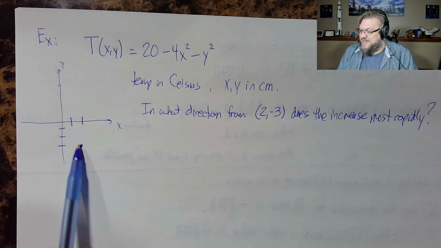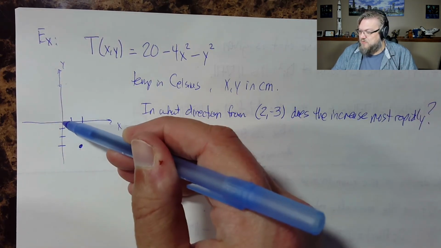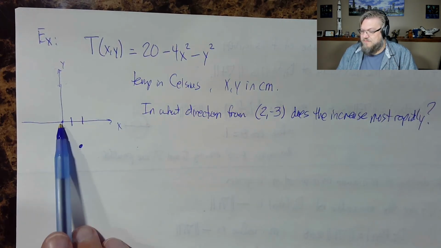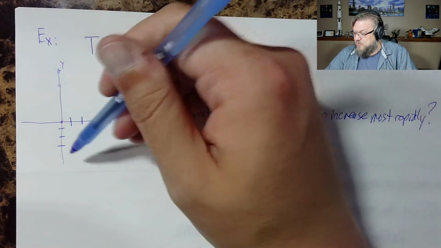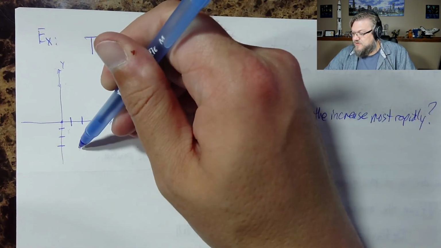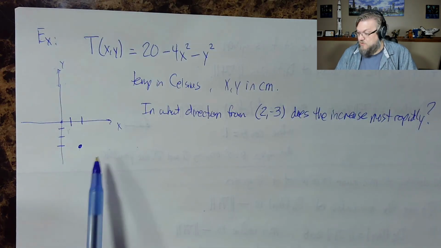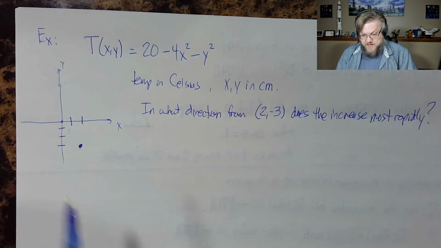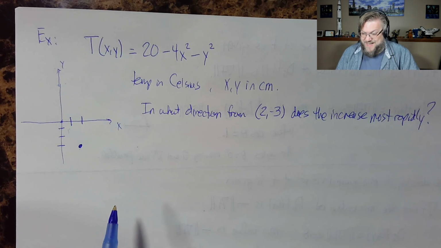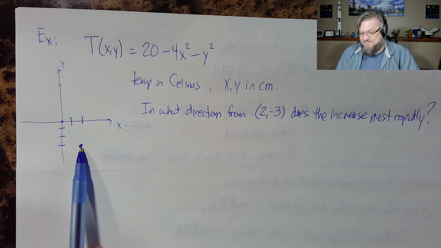Now, some of you might be saying that, well, I know this is the hottest point on the surface right here at the origin, so I bet you it's going to point towards the origin, right? So the way that I would experience the highest rate of temperature increase would be to move towards the origin, right? What we're going to find out is that's actually not true being at this spot.